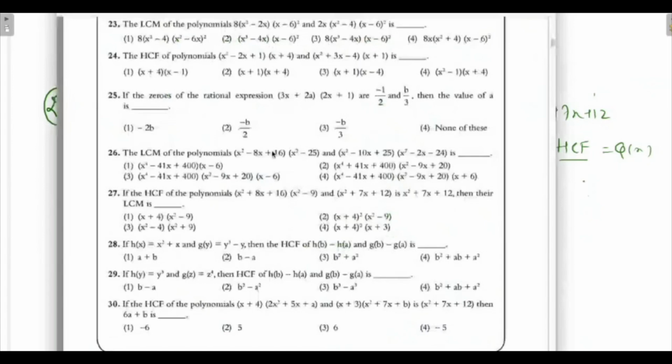And then what they have done is they have sort of simplified it, and they are asking which is the answer. So when you look at this, this is nothing but x plus 4 whole square. This is x square minus 9 itself. So x plus 4 square into x square minus 9. So this too would be the answer here.